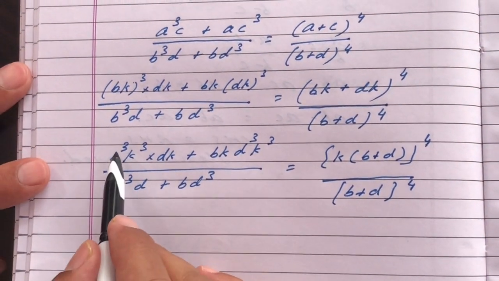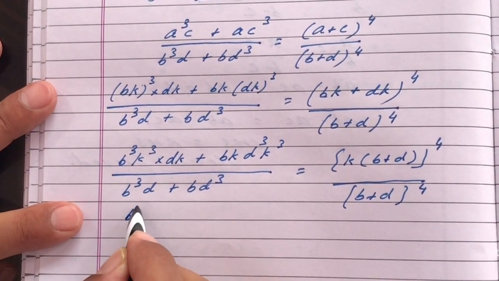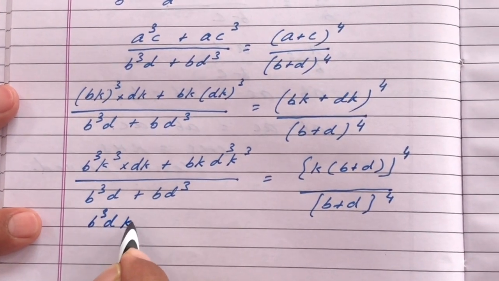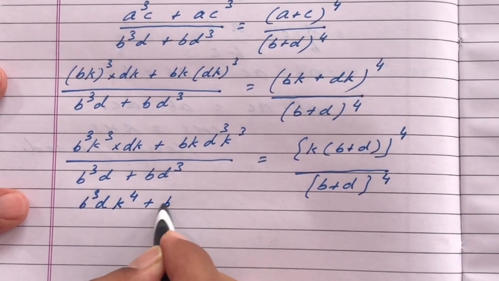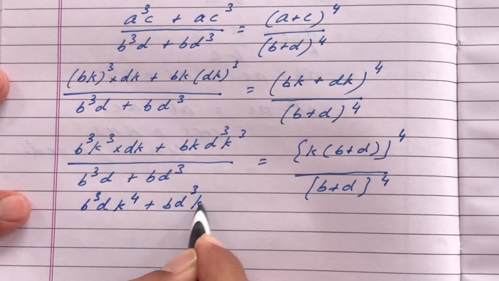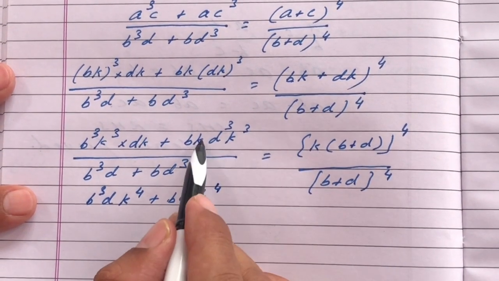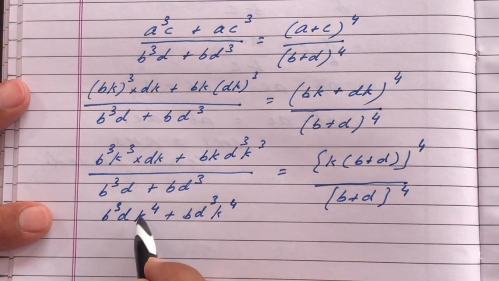Now it becomes B cube D K4 plus BD cube K4, K cube into K is K4.